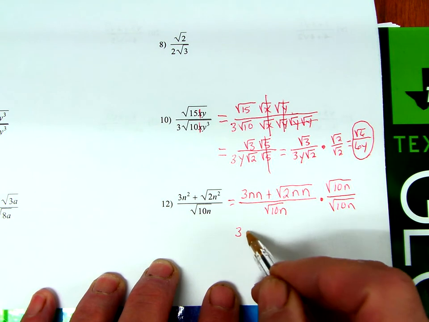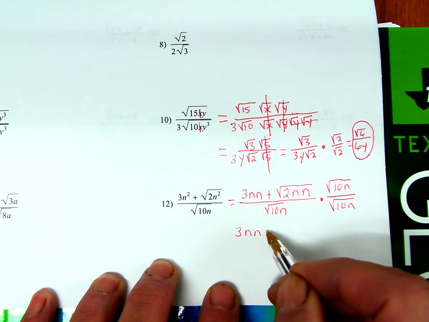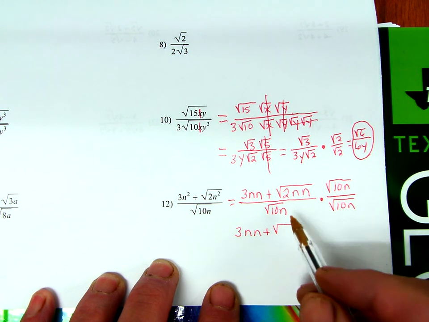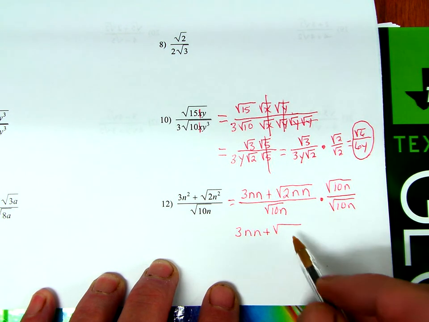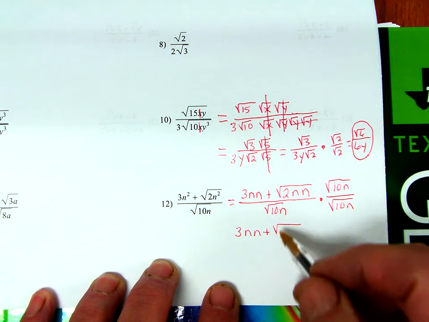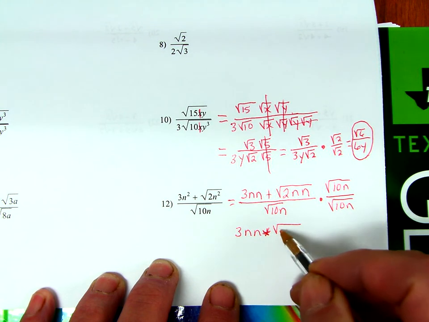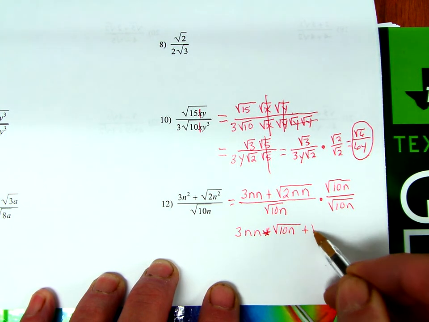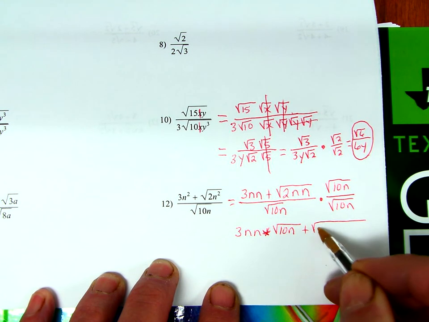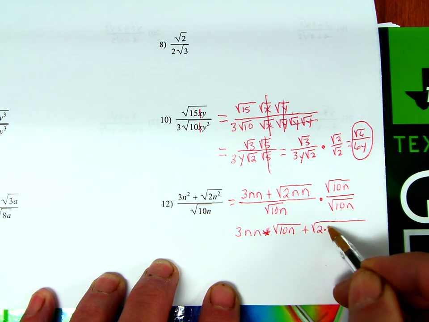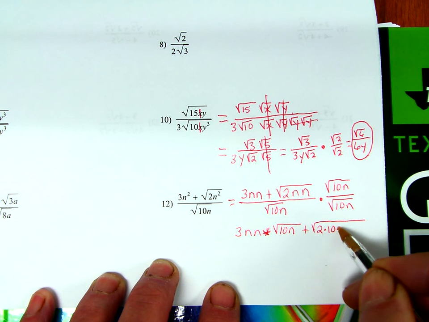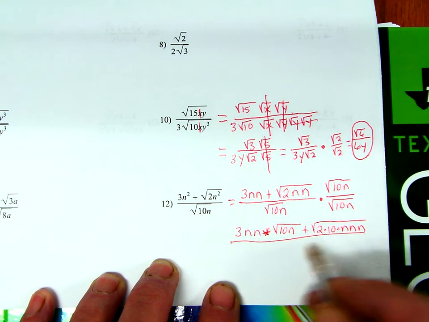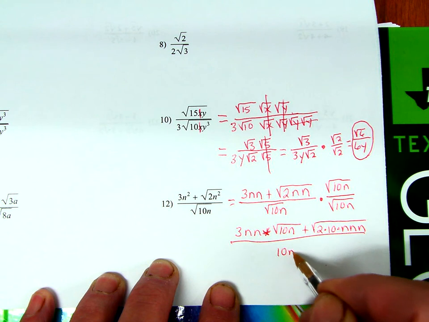So 3 times n times square root 10n plus square root 2 times 10 times 1, 2, 3 n's over 10n.